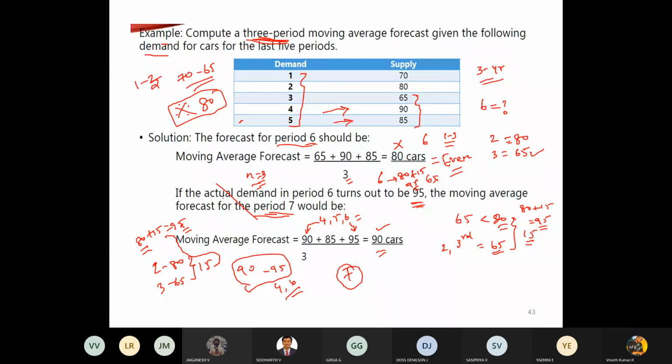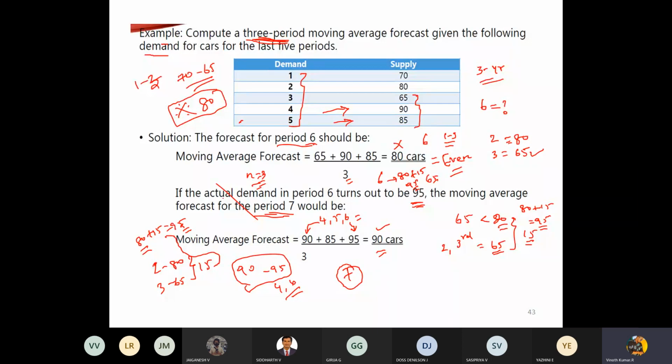The methods we are using are: first, the 2-period moving average method; second, the 4-period; third, the 2-period weighted moving average method; and fourth, the exponential smoothing method.